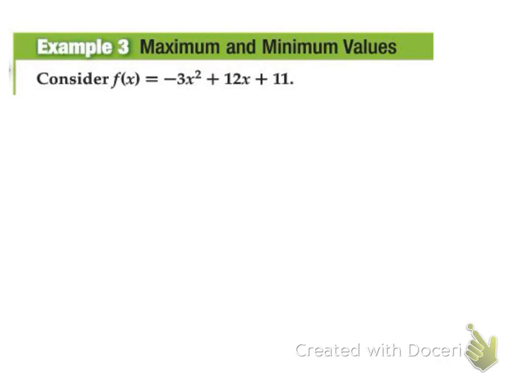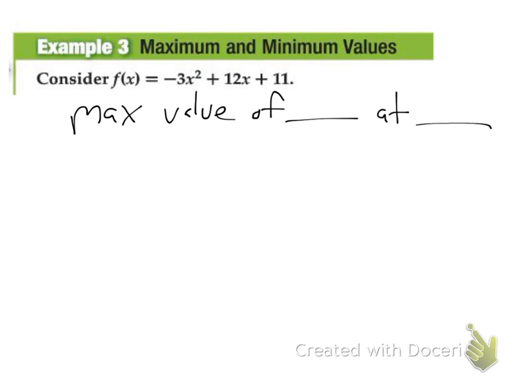Tell me the max or min value of this in the correct statement, please. Try it on your own. Up or down? Down. So it has a max. So right away, I could technically say max value of blank at blank. Now, I just got to find those numbers. What do I have to find first? I got to find x.